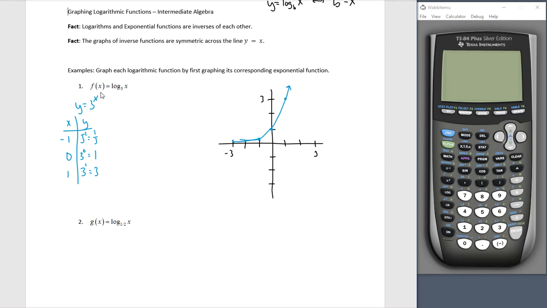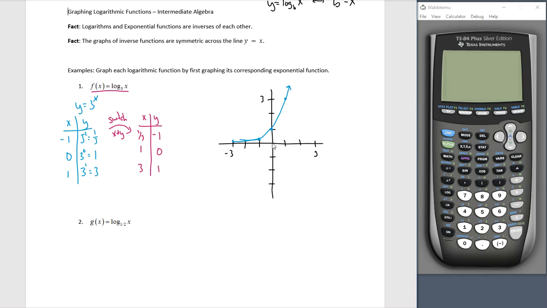Now, in order to actually graph the logarithm, all an inverse does is switch x and y. So now what was a y becomes an x. What was an x becomes a y. So I'll have y values of -1, 0, and 1. I'll have x values of 1/3, 1, and 3.